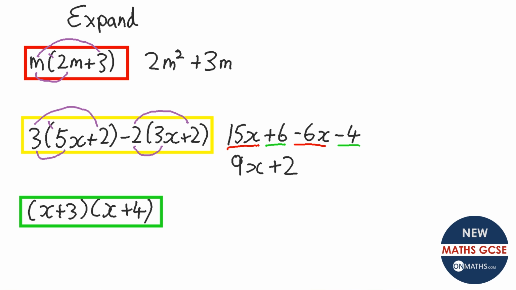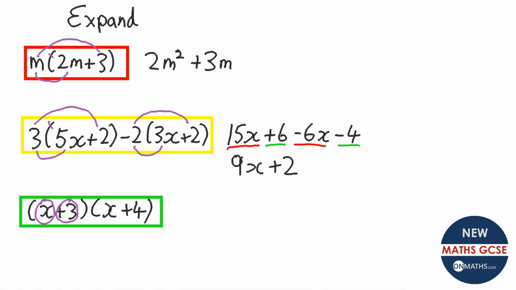Right, this last one. Now, with this last one, we've got two items that want to times out the bracket. They want to do smiles and rainbows, both of them. We've got this x and we've got this positive 3. They both want to multiply out their x plus 4 bracket. Now, they can't do it at the same time. Okay, there's no way of doing that.